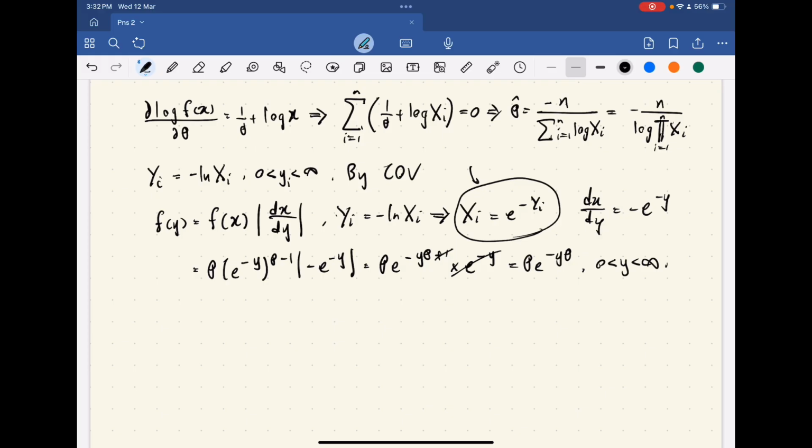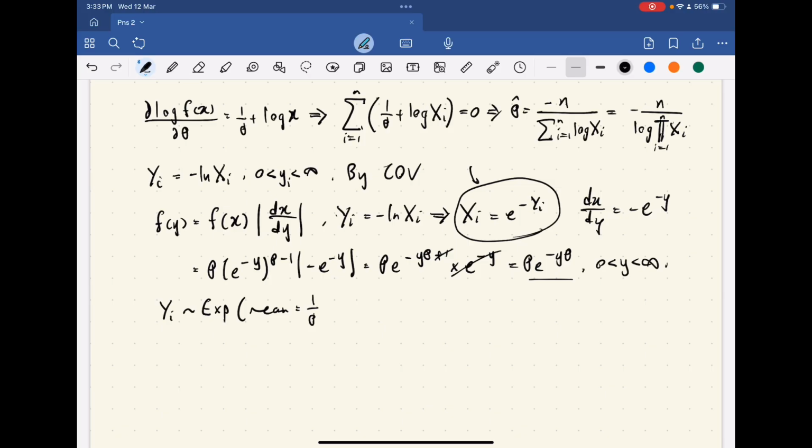Now if you remember your distributions, what this PDF shows is that it is actually the PDF of an exponential distribution with mean 1 over theta. So you can say that y is exponentially distributed, where the mean is 1 over theta.